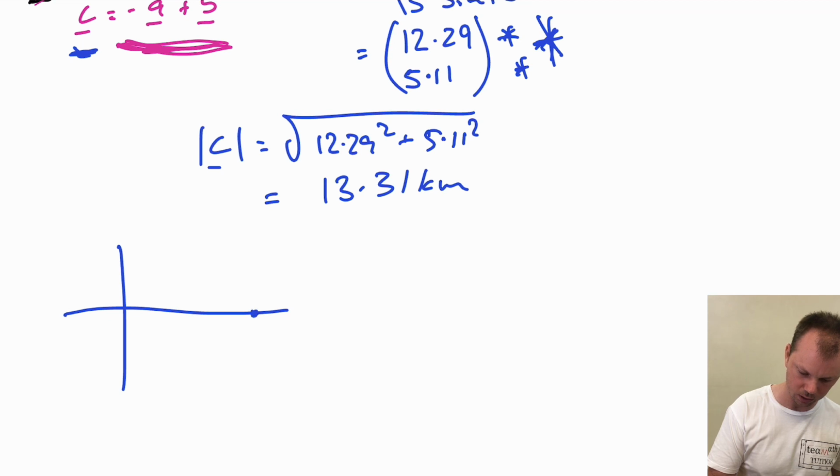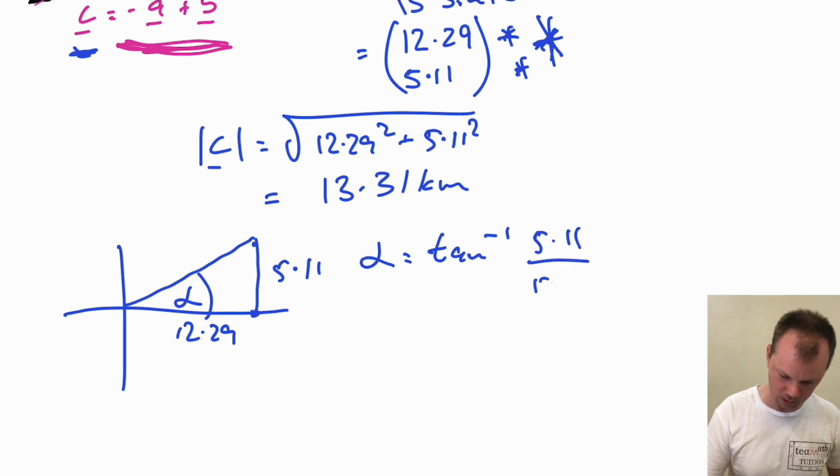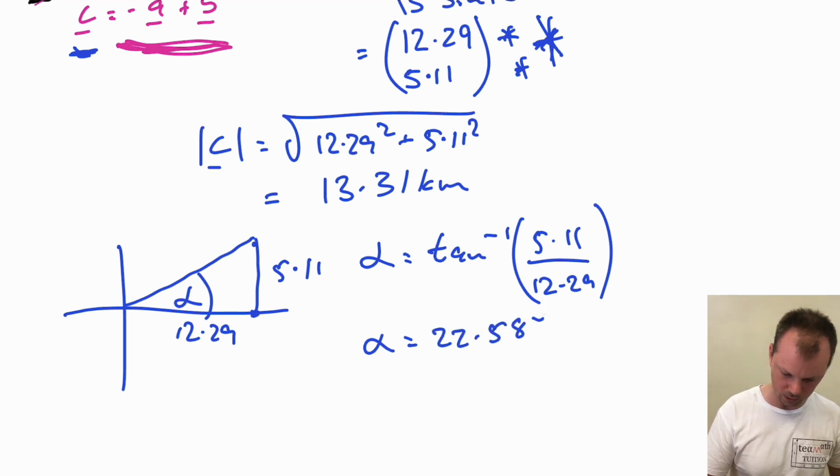So we are going 12.29 and we are going 5.11 up. Let's call that alpha. Inverse tan of opposite over adjacent. 22.58 degrees. That looks pretty good based on my picture.